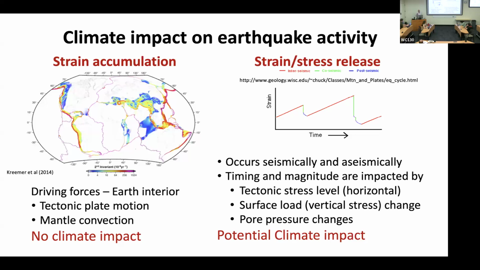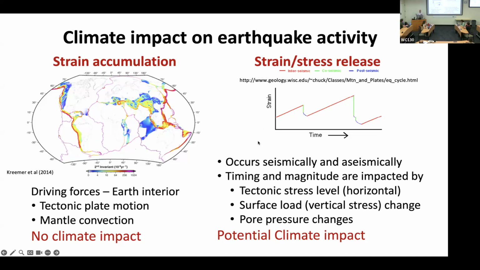So when you think about climate and earthquakes, people say no, they're not connected, because earthquake formation tectonics is within the Earth's interior. In the Earth's interior, indeed, the plates move, the momentum moves, without much response to what happens on the surface. So this is the strain accumulation, the interseismic rate.